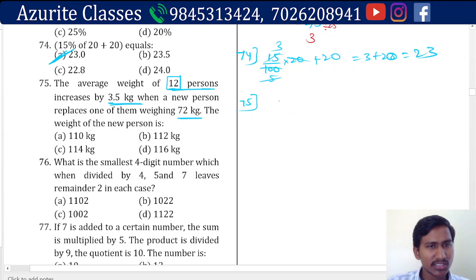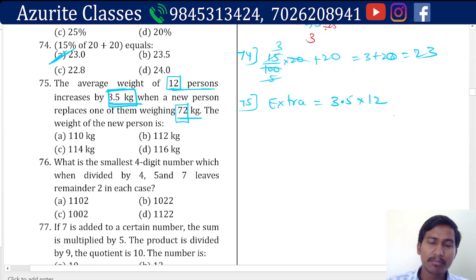So what you have to do, the new person replaces 72 kg. So everyone is getting extra how much? Extra how much they are getting? 3.5 kg. Everyone is getting 3.5 kg, that is all 12 people are getting 3.5 kg extra.